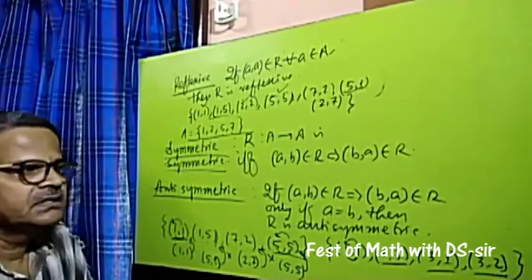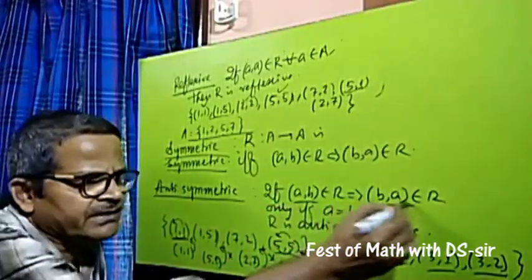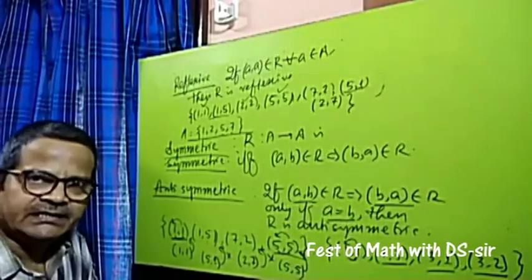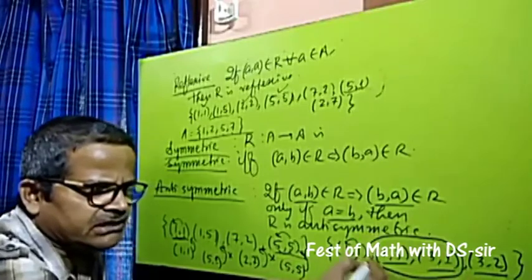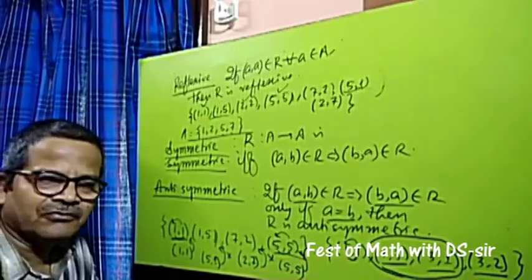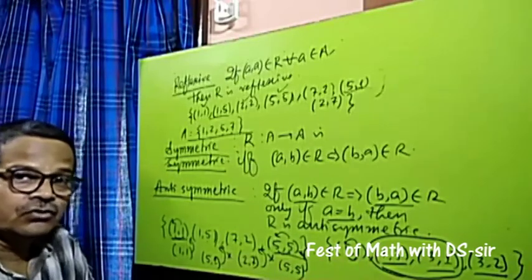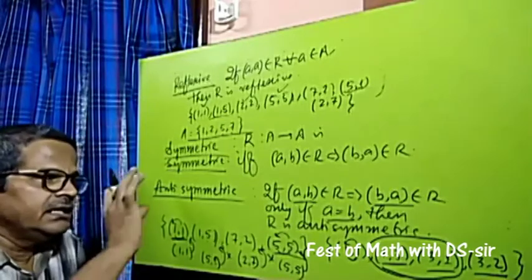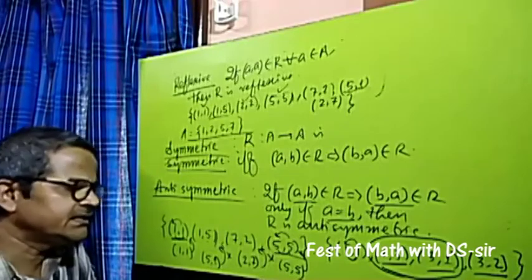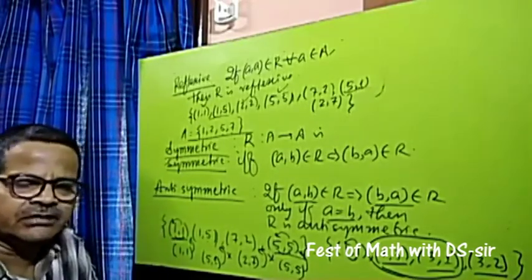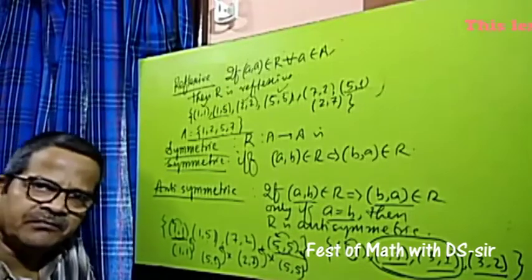Why? Because anti-symmetric says it will show symmetricity only if a is equal to b. But here it shows symmetricity for this pair also, where a and b are unequal. So to check the anti-symmetric property of a relation, we have to check whether there are elements of the form (1, 1), (2, 2), (3, 3) or not. Checking completed.